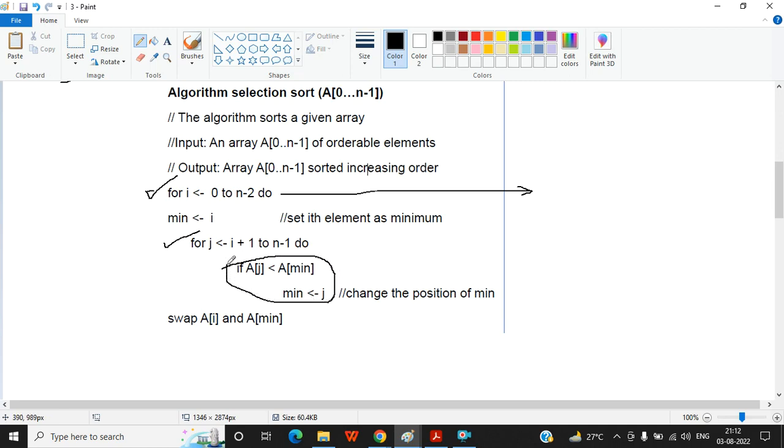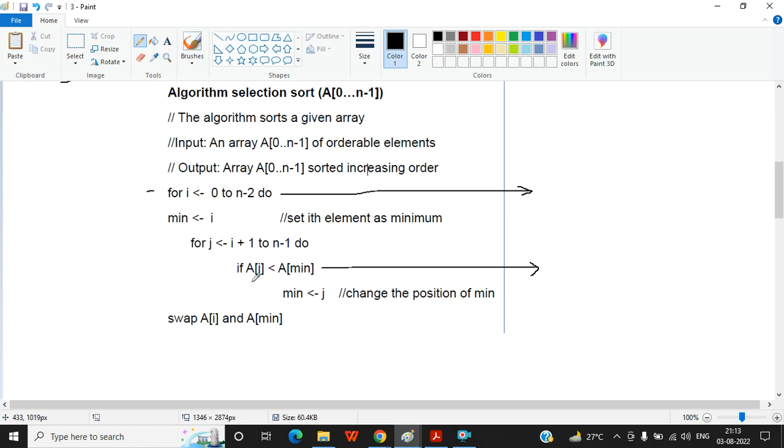Maybe you consider this one also. Okay, just see. What is the time taken by this one? This is the innermost statement, this if condition.